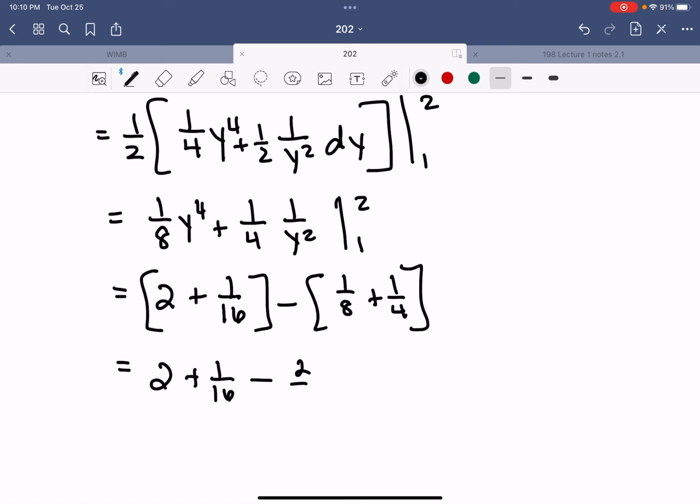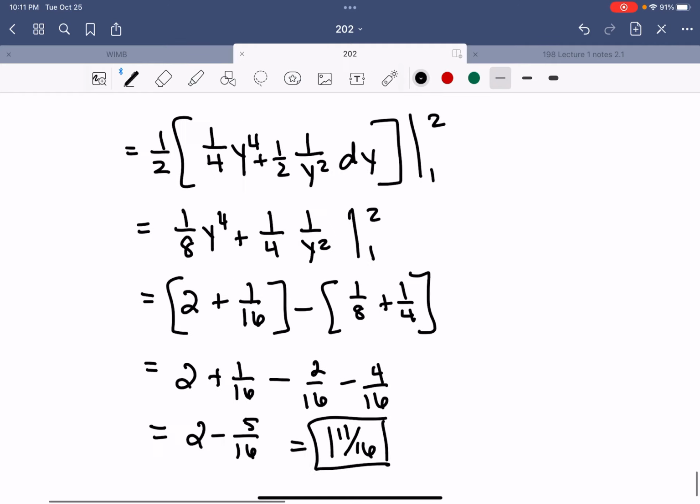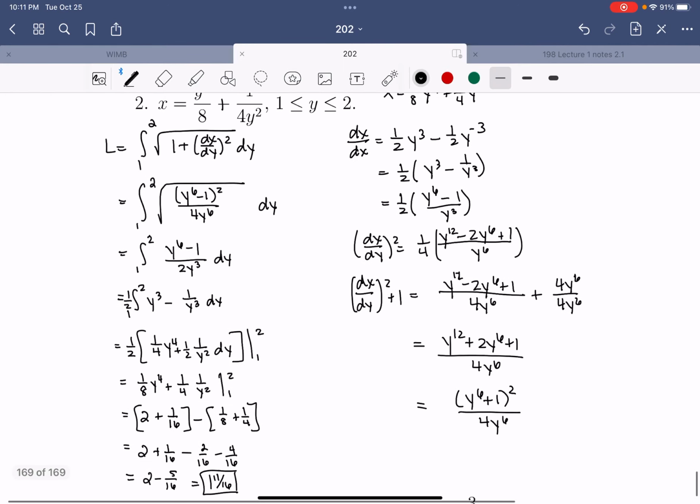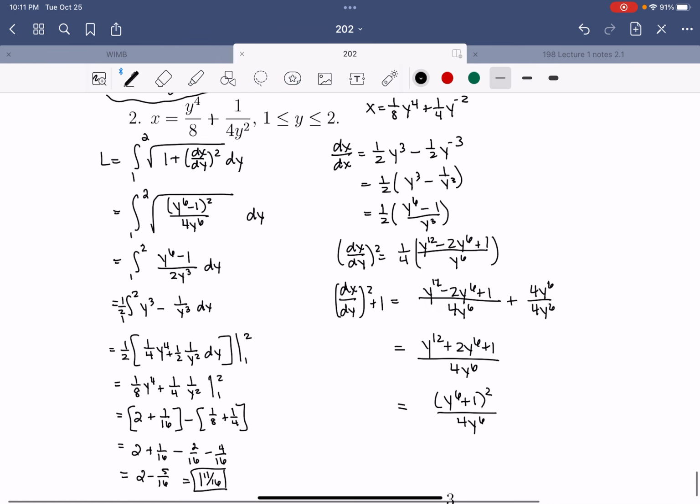So minus 2/16 and minus 4/16. So that's going to give me, oh shoot. That's going to give me -5/16 plus 2. So 2 minus 5 over 16, which is going to be 1 and 11/16. And so that is my answer to number 2.